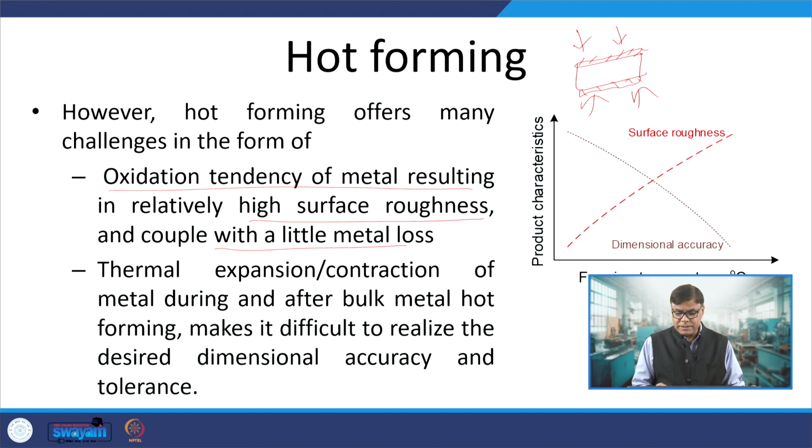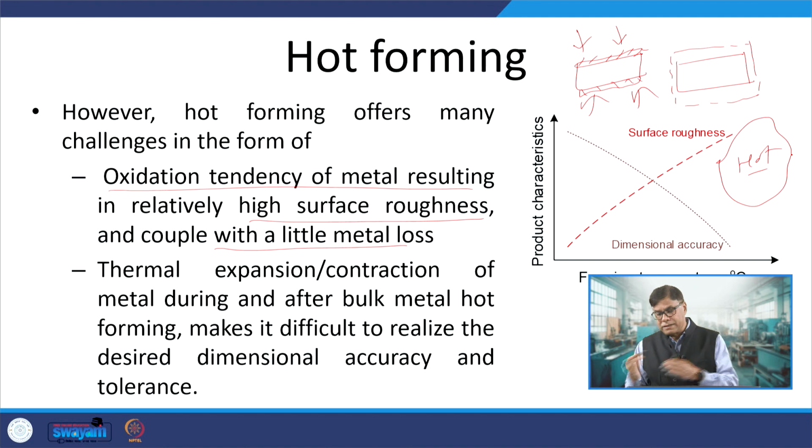Another thing is that when the metal is heated, obviously as per the thermal expansion behavior, its dimensions will increase, like this. So, it will expand in all directions, and in the expanded position it will be subjected to the plastic deformation. Say a particular shape has been given after the plastic deformation at a high temperature when it is hot.